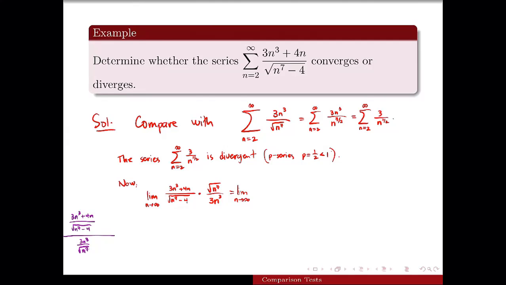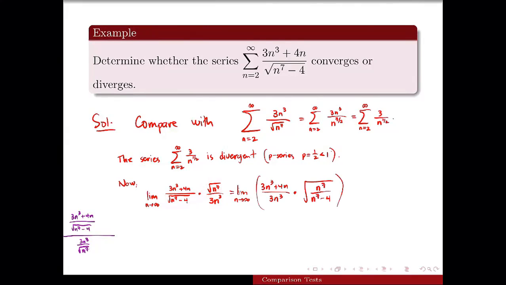So you will have 3n cubed plus 4n divided by 3n cubed times, if you combine these two guys here, you can put them in a single radical. So you will just have square root of n to the 7 over n to the 7 minus 4.